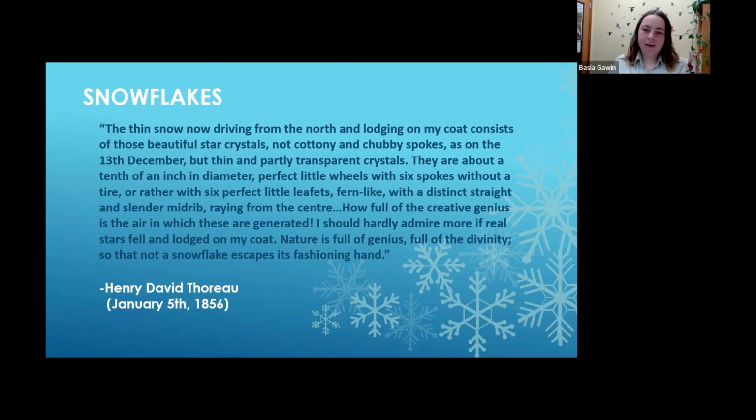I really love the line that says, "I should hardly admire more if real stars fell and lodged on my coat." So people have been observing snowflakes for a very, very long time, and people like Henry David Thoreau made constant, recurring observations. He references the 13th of December. So, he was observing these snowflakes many, many times.